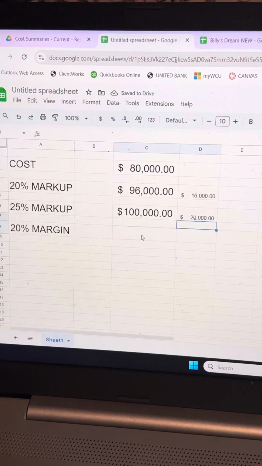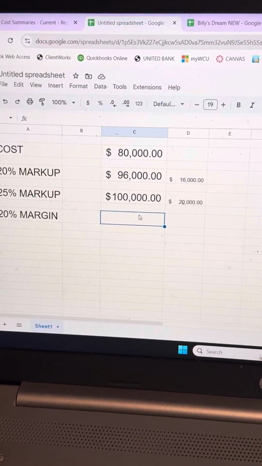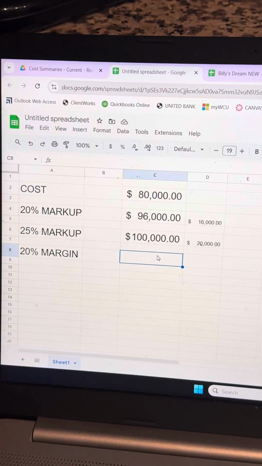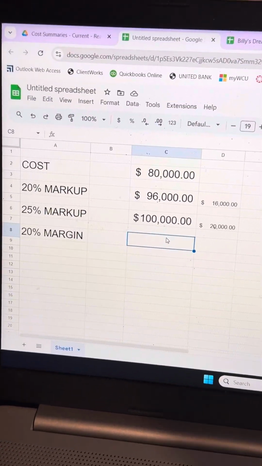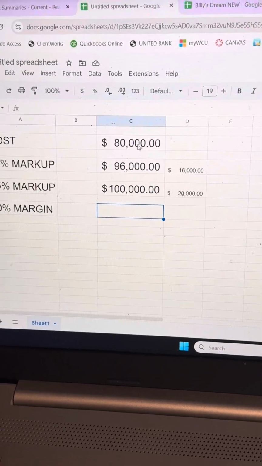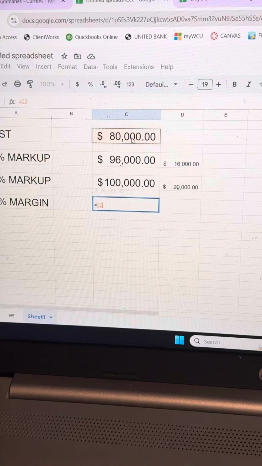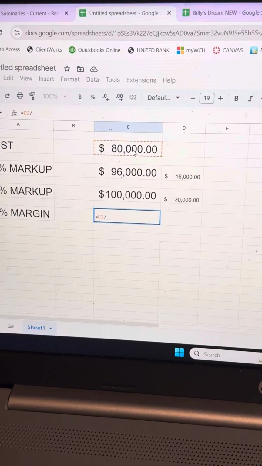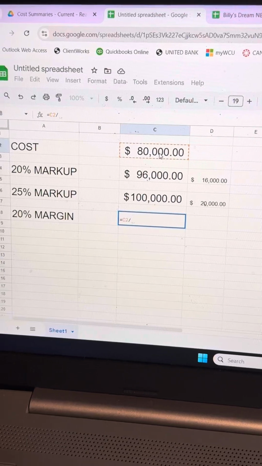Now let's go down to this margin that you wanted. The margin is figured differently. Instead of multiplying the cost by 1.2, or 1 plus 0.2 for the percentage, for 20%, we now divide by 0.8, the reciprocal of 0.2.